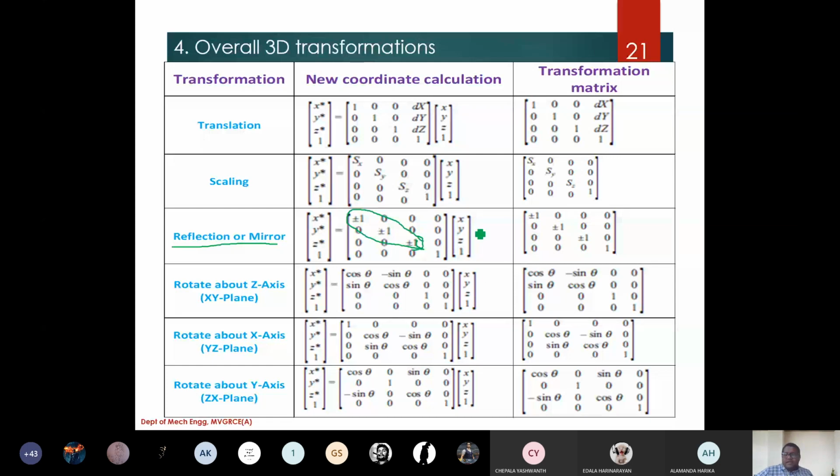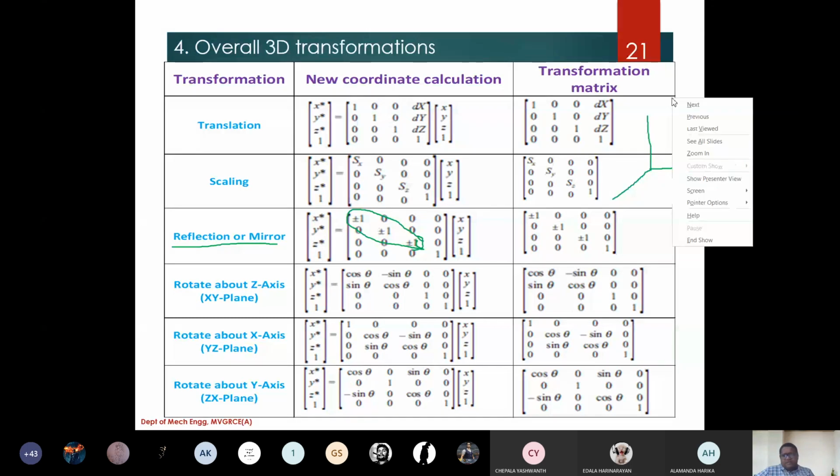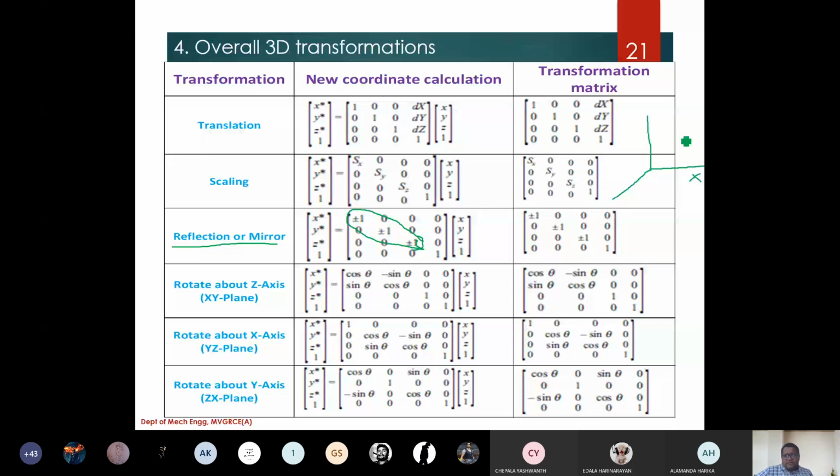Let me draw a small diagram if you want. Let us say this is x-axis, this is y-axis, and this is z-axis. X, Y, Z. Okay.